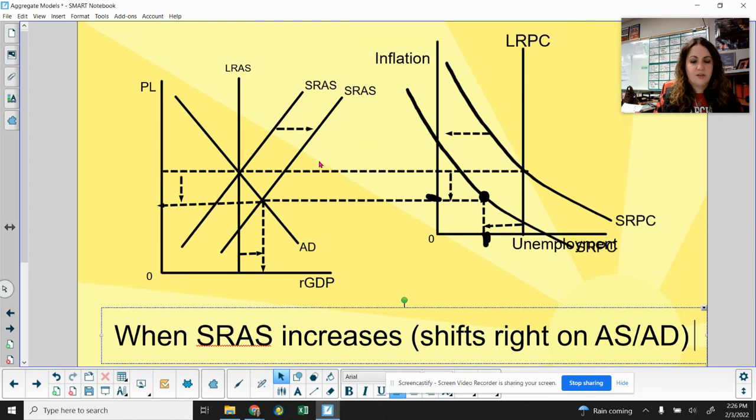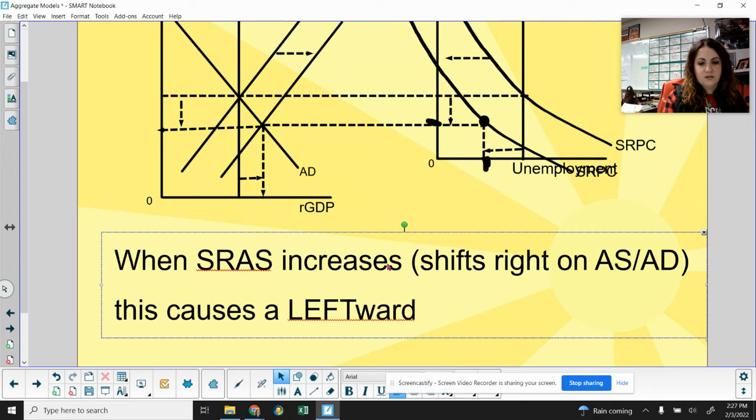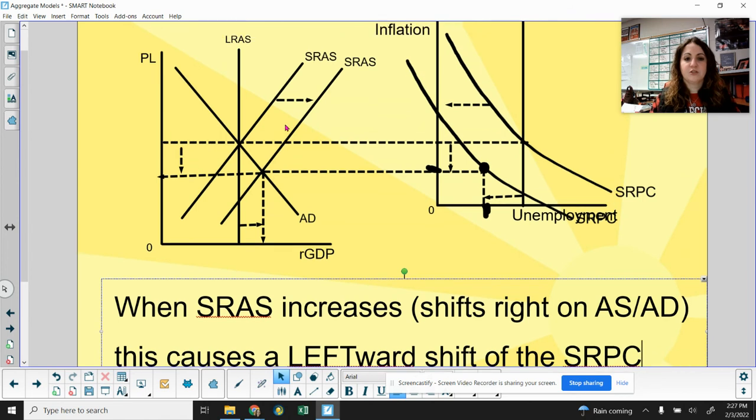So when aggregate supply increases, for whatever reason, prices fall, GDP is growing. But on a Phillips curve, this causes a leftward shift of the short run Phillips curve. So it looks like when aggregate supply goes to the right, the Phillips curve actually goes to the left.